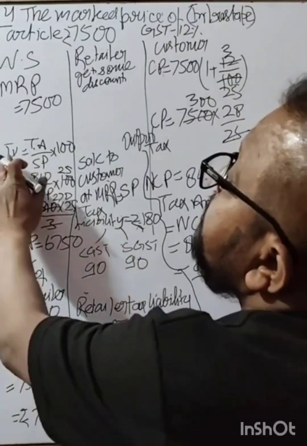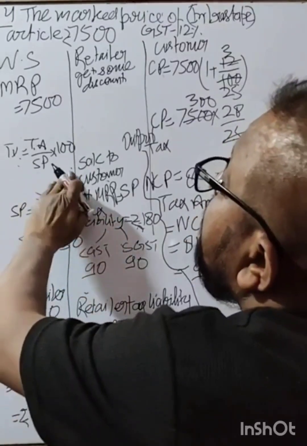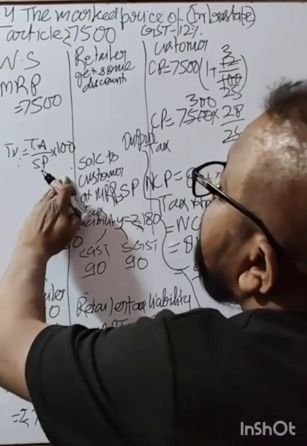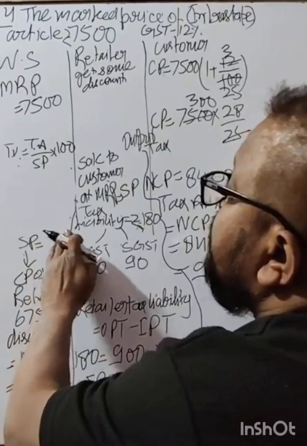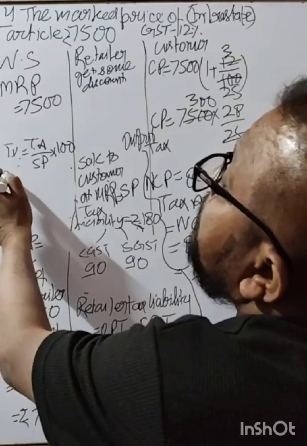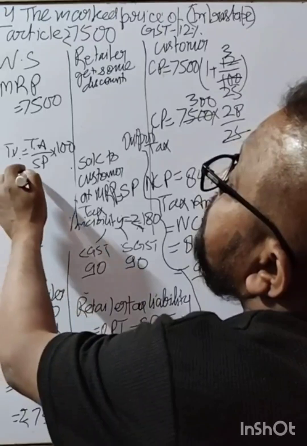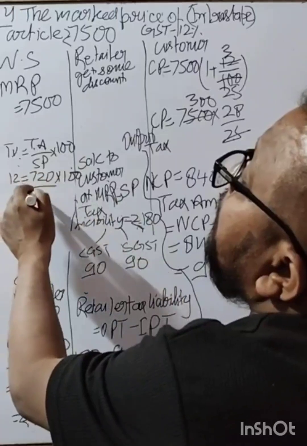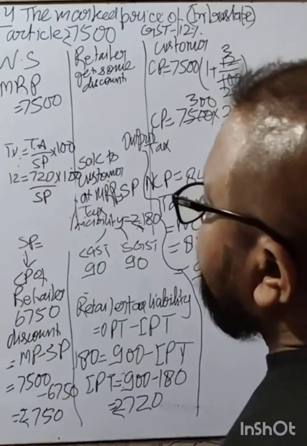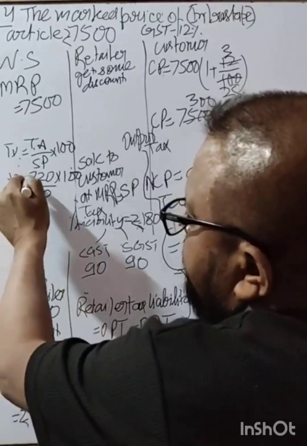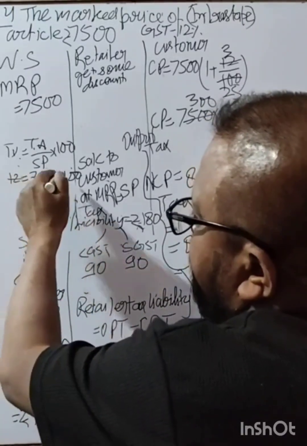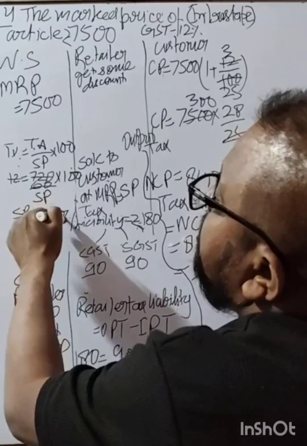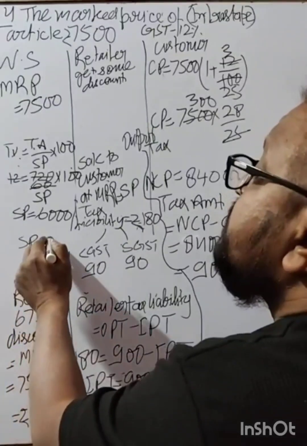Now the tax amount, 12 is equal to 720 into 100 upon SP, so SP is equal to 6000.